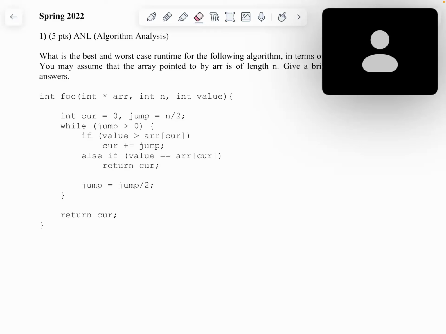Our jump starts at n divided by 2, and then like you guys mentioned earlier, we notice that our jump is divided by 2 for every iteration. So we know that our jump is going to be divided by 2 k times, where k is the number of times the loop runs, right?